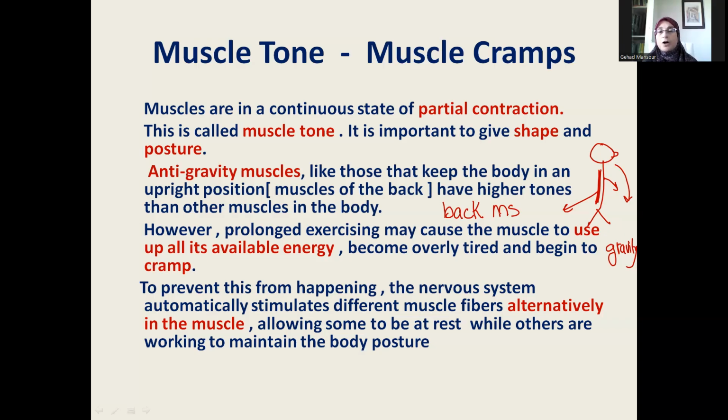Because these muscles are continuously contracting, even if partially, they need a continuous supply of energy. They might use up all the available energy. If the muscle uses up all the available energy, like you do, for example, in a heavy, stressful match, then what happens is a depletion of ATP.